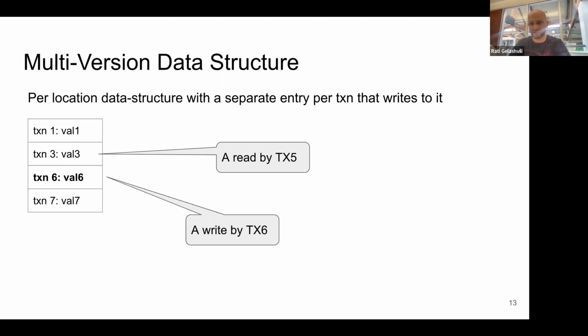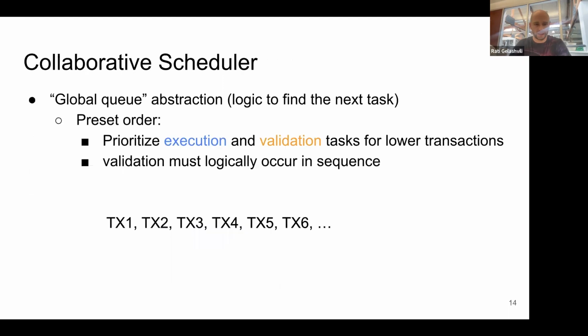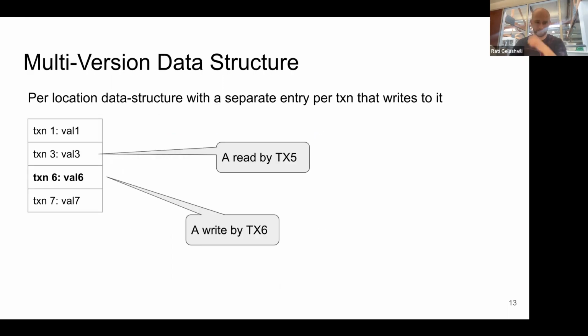In this case, 5 reads the value written by 3. And yeah, does this make sense? It's basically the same thing as in BOM, except it's dynamic. We allow you to insert your write into the data structure, as opposed to the data structure being determined statically ahead of time.